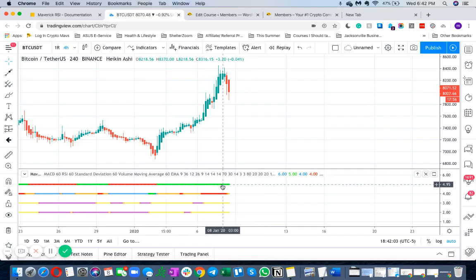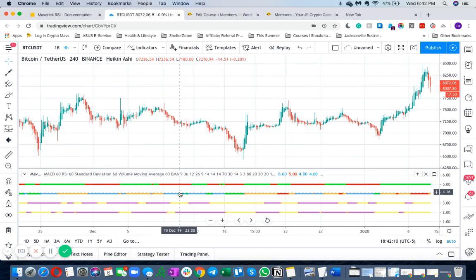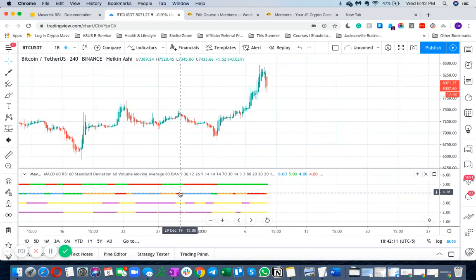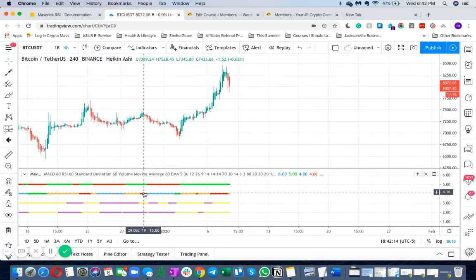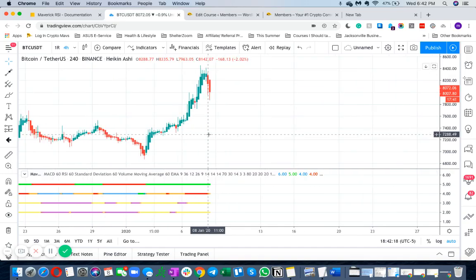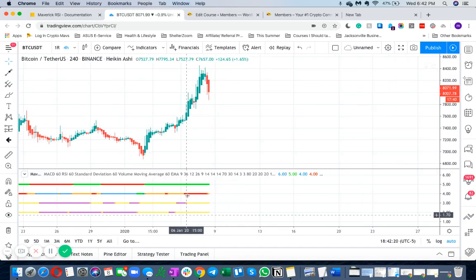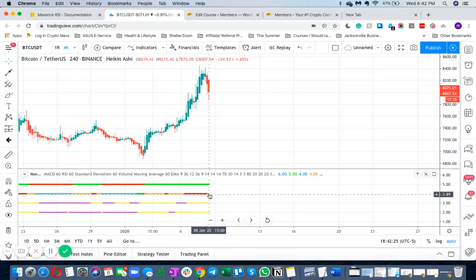I knew that because I could see here it's been in an uptrend for a while, and I could look back and see how long is a typical uptrend, because markets do have cycles and patterns tend to repeat. But I didn't really look at that too much. What I looked at instead is I could see that the RSI had been overbought for a while, and I could also see that volatility was picking up and that volume was picking up.